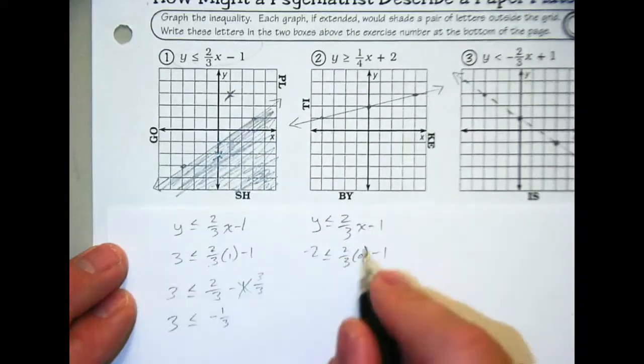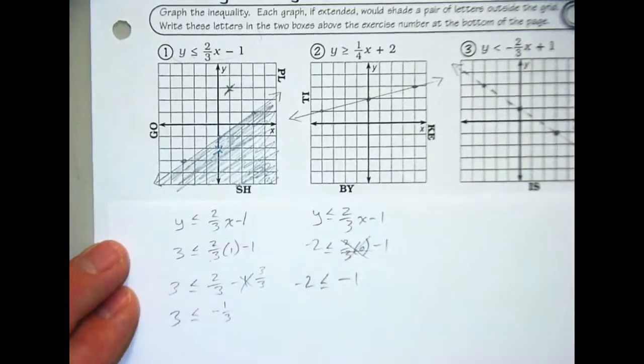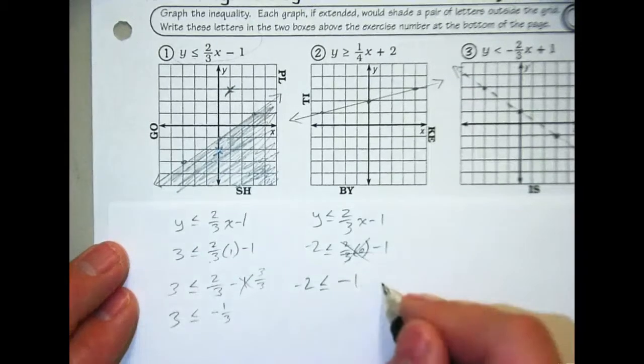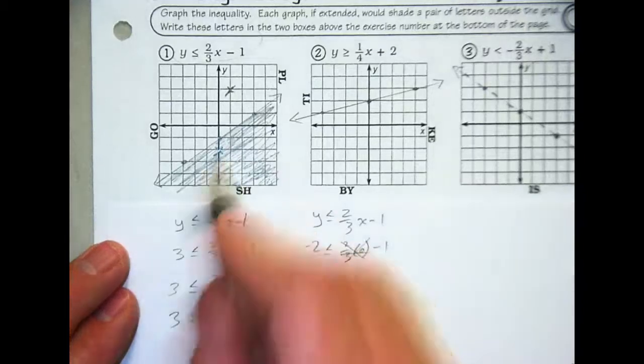Negative 2 for y, that gets that out of there. So I get negative 1. I get negative 2 is less than or equal to negative 1. Is that true? Negative 2 less than negative 1? Yeah. So this is true. That's why we had to shade over.